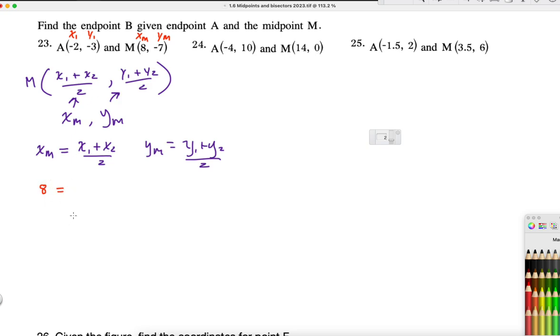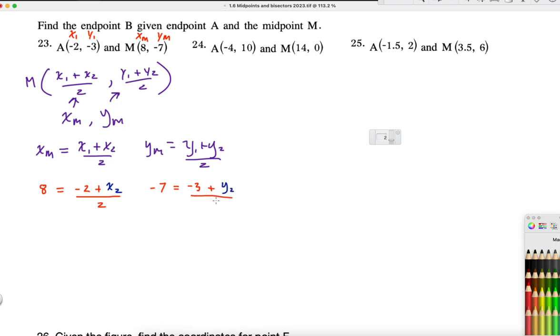Well, I only know one of the x values. I only know negative 2. I actually don't know what x sub 2 is. So I'm going to just leave it as x sub 2 divided by 2. I do the same thing with y. So my y value is negative 7. That's the midpoint for my y. I know my y1 value is negative 3. I don't know what the other y2 value is. That's what we're looking for.